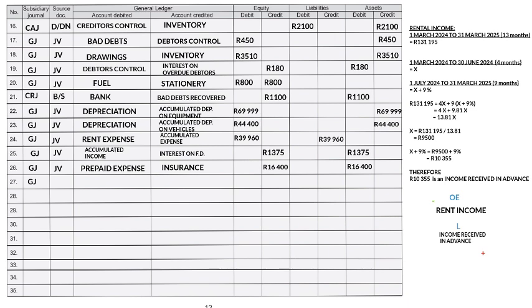The source document is our journal voucher. The account to be debited is rent income. The account to be credited is income received in advance. Owner's equity will be debited with 10,355 Rand, and liabilities will be credited with 10,355 Rand.